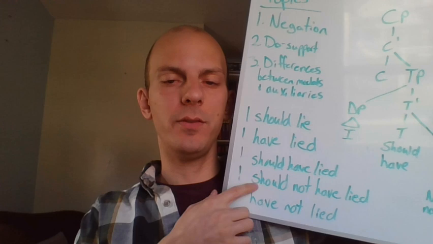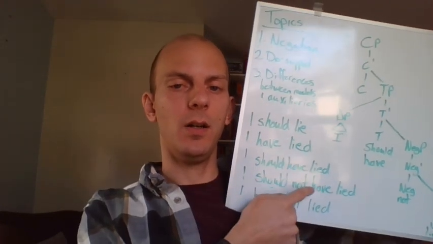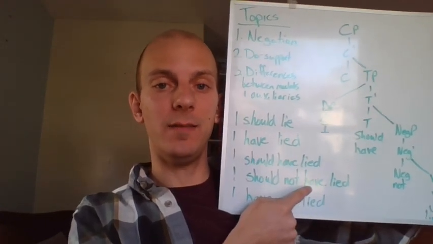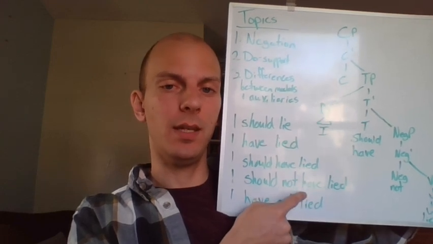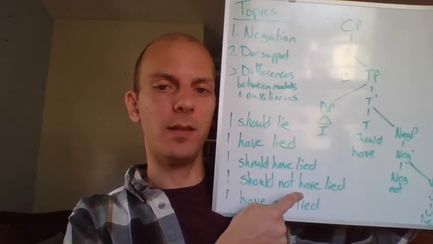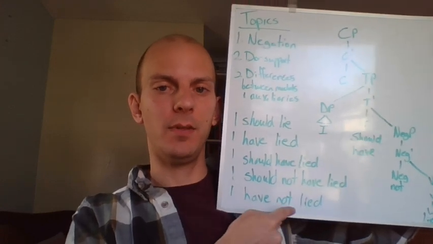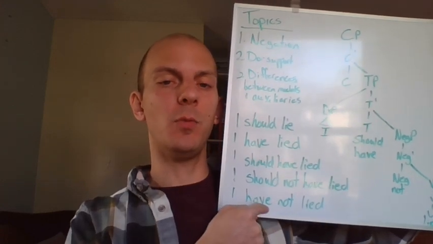Modal verbs are always generated in T. Auxiliary verbs are generated in V always, below negation. However, when T is empty, the auxiliary verb moves up to T. When T is empty, auxiliary verbs move up. So they're generated lower than negation in V, but when T is empty, they happily move up.